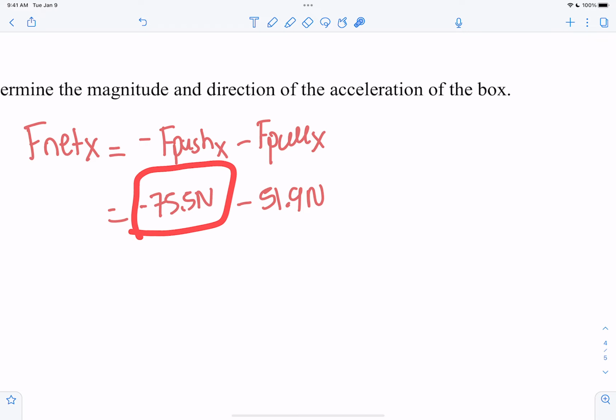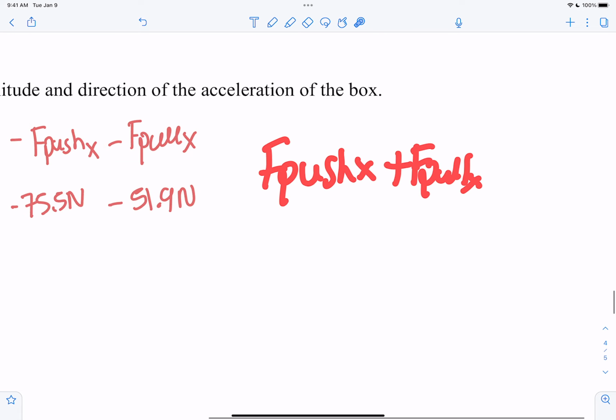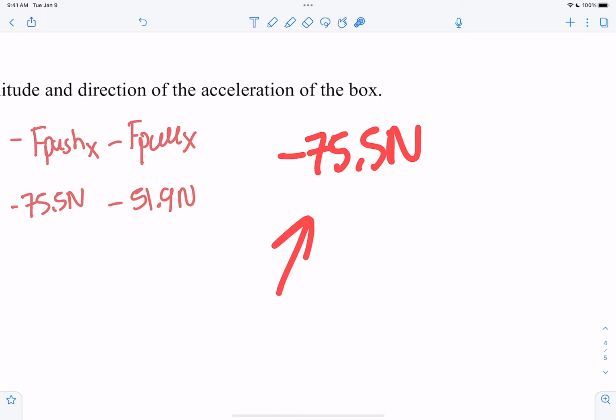We want to make sure that everything is making sense, because if we indicate the direction in the equation, we're just putting in the magnitudes, just the magnitudes. The negative signs are taking care of themselves. If we want to do F push x plus F pull x, if we want to add things up like this, then you'd have to put in negative 75.5 newtons plus negative 51.9 newtons.